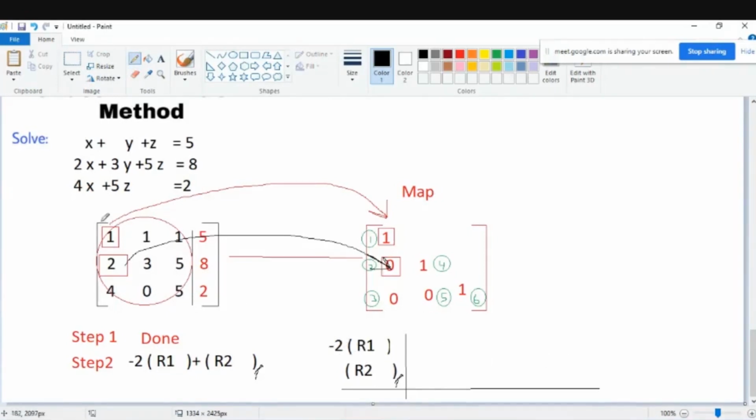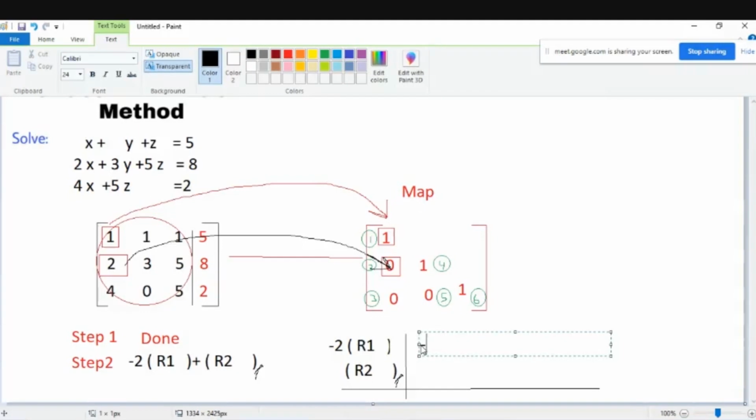Then -2 multiplied by this one will give me -2. Multiply -2 by this one, it will give me -6. Multiply -2 with 1, it will give me -2.